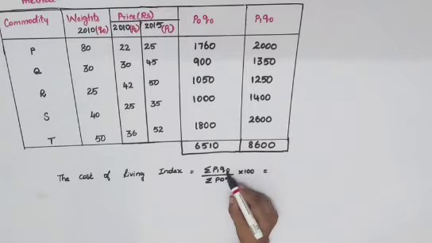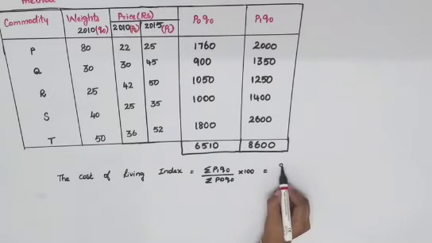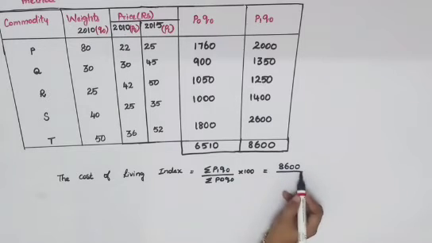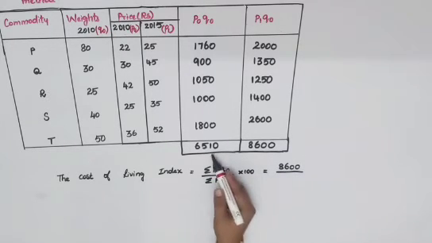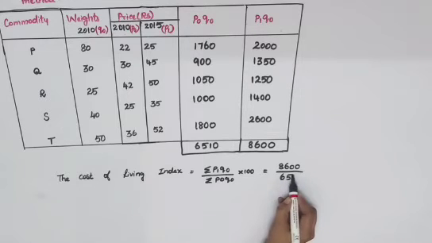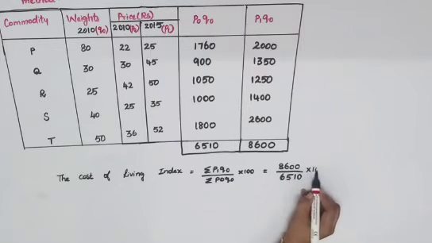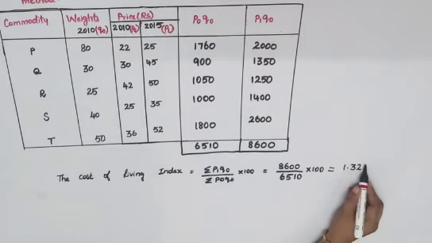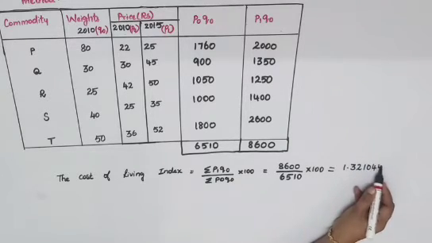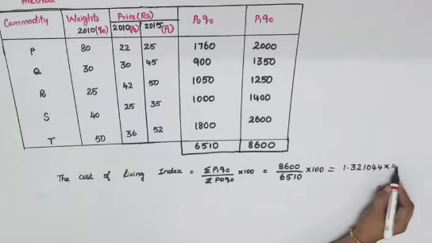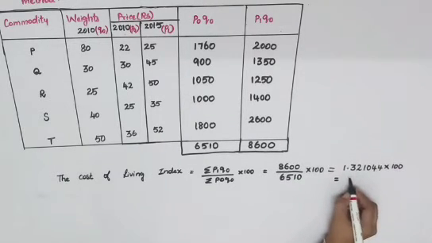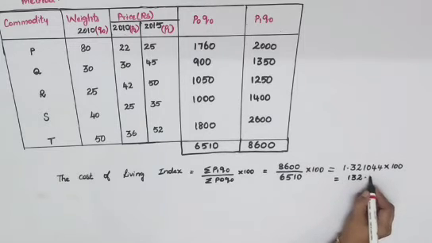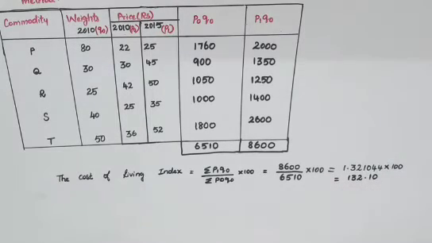So this is equal to sigma P1 Q0, we have got the answer here, 8600, divided by sigma P0 Q0, the answer is here, 6510, into 100. If you divide these two numbers, you will get 1.321044 and into this 100 will be there. So your final answer will be 132.10. This is the answer for your cost of living index using the aggregate expenditure method.